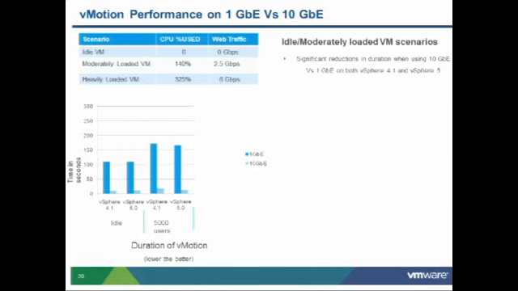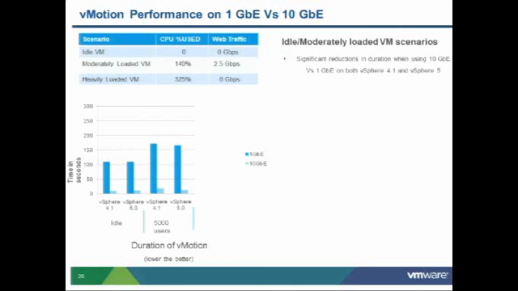So basically what we're seeing, I have a few data points here. What I'm comparing, let's say here, for the idle VM, I have 4 data points. So I'm comparing 1 GB versus 10 GB on 4.1, and 1 GB versus 10 GB on vSphere 5 for the idle VM scenario. And same thing for the moderately loaded VM, again 1 GB versus 10 GB on both.